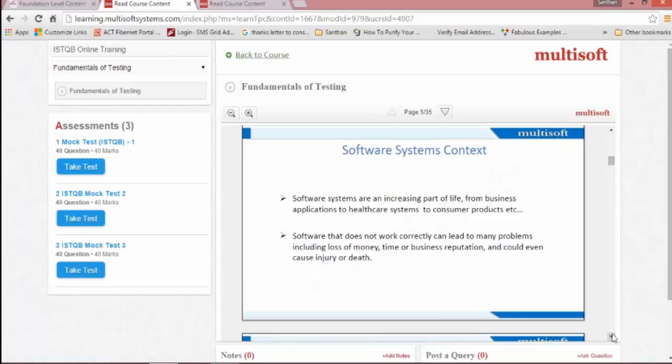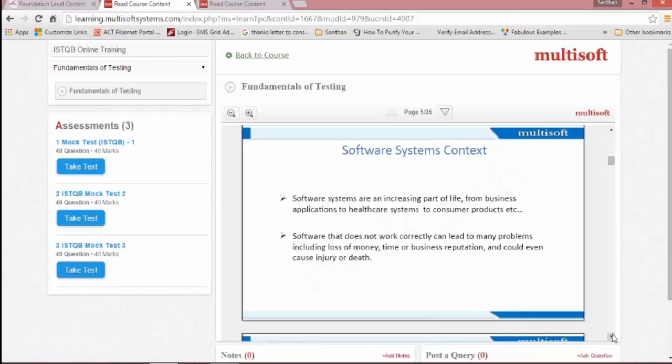So testing needs to be done for any kind of software which is targeted for any of these domains. Now, out of all these domains, there are so many safety critical software.